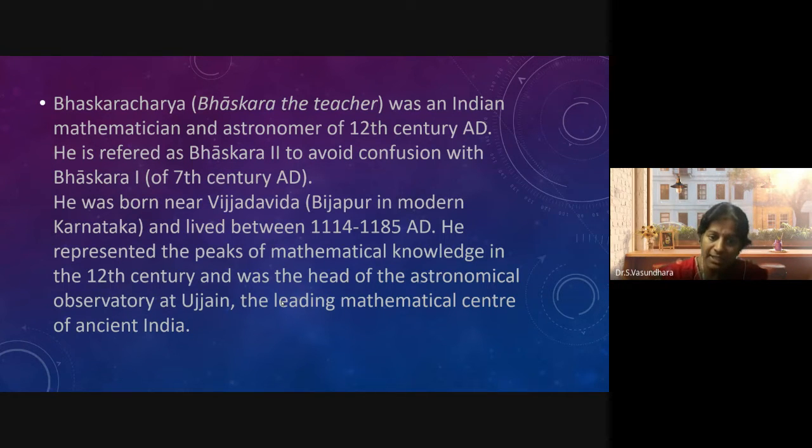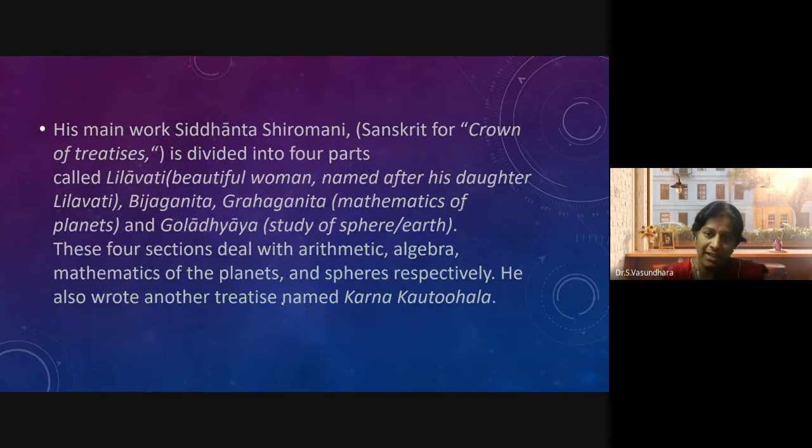He represented the peak of mathematical knowledge in the 12th century and was the head of the astronomical observatory at Ujjain, the leading mathematical center of ancient India. One more grantha of his, Siddhanta Siromani, which in Sanskrit means crown of treatise, is divided into four parts: Leelavati, Bijaganita, Grahaganita, and Goladhyaya.